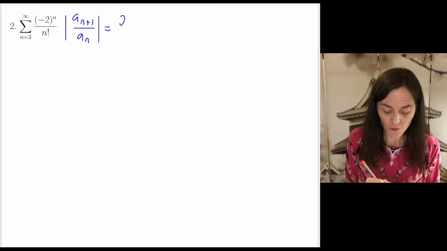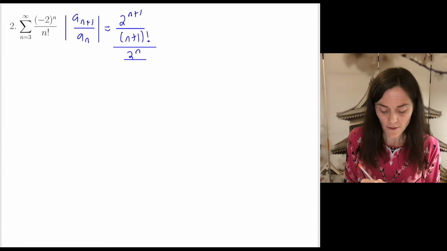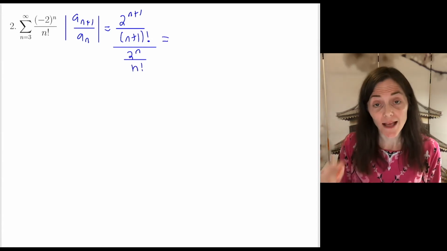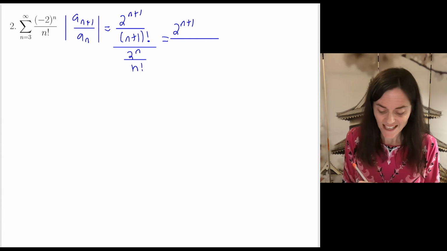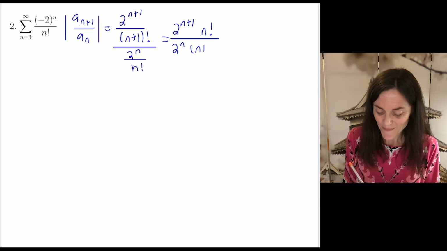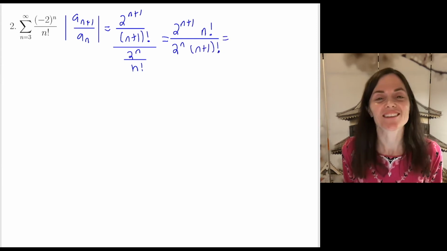So here we have 2 to the n plus 1 over n plus 1 factorial, and then divided by 2 to the n over n factorial. Now, when I invert and multiply, I line things up. So we have 2 to the n plus 1 over 2 to the n, and then in the numerator, we have an n factorial, denominator n plus 1 factorial.